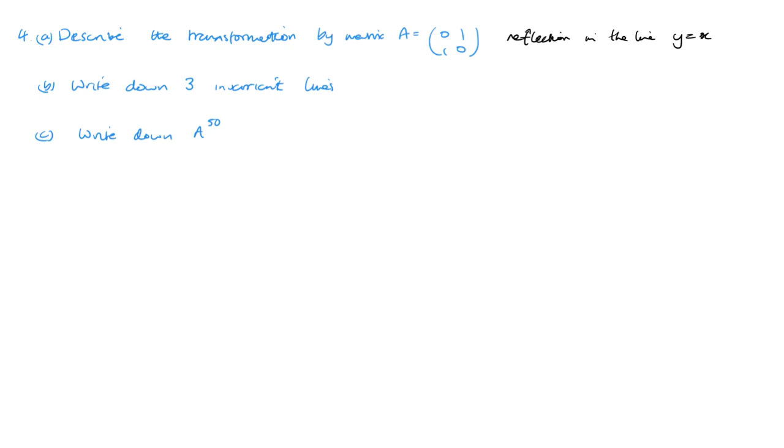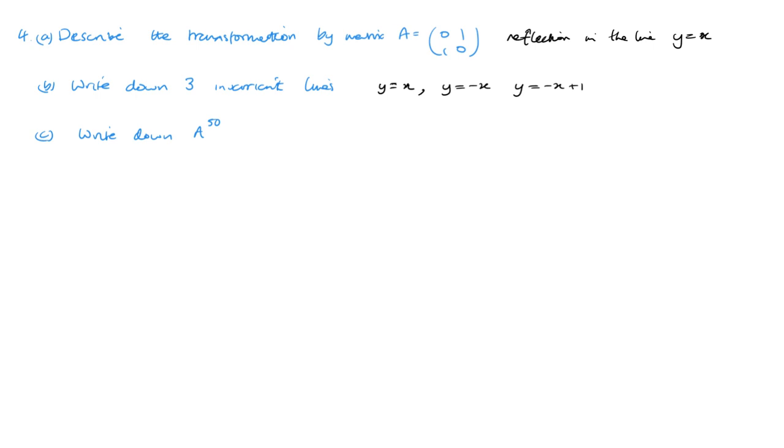Well, all the points, invariant points, are on the line y equals x, so y equals x will also be an invariant line. And then it's just y equals minus x, isn't it? So y equals minus x plus k. So y equals minus x, y equals minus x plus 1, or any of those, from there on out.